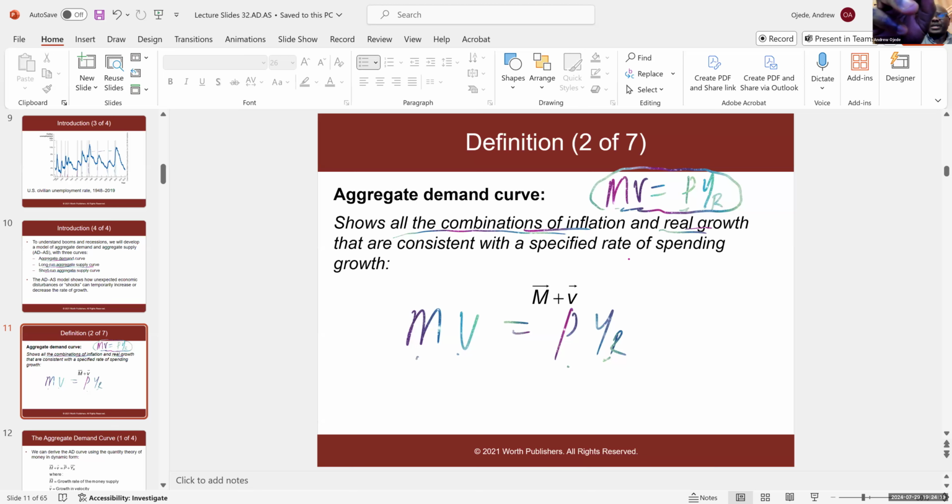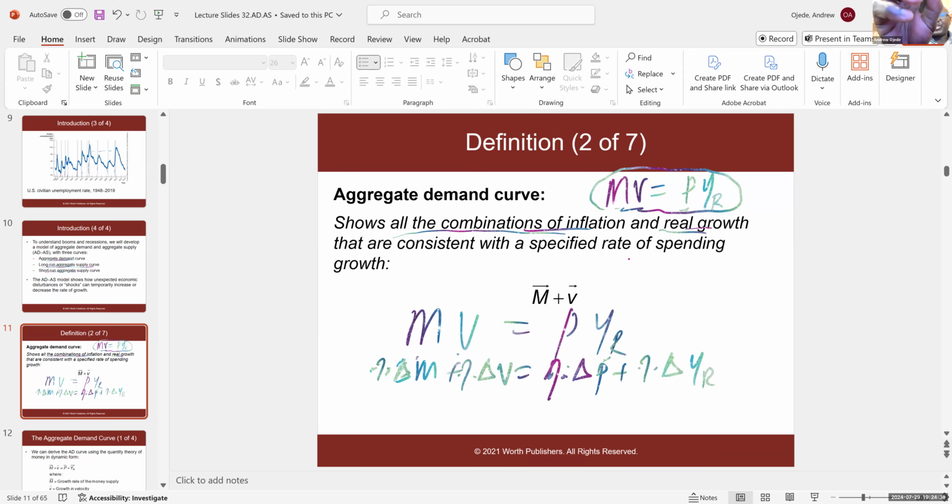If you express this equation in growth rates, it can be written as the percentage change in money supply, where delta means change, plus the percentage change in velocity, which must equal the percentage change in price plus the percentage change in real GDP.